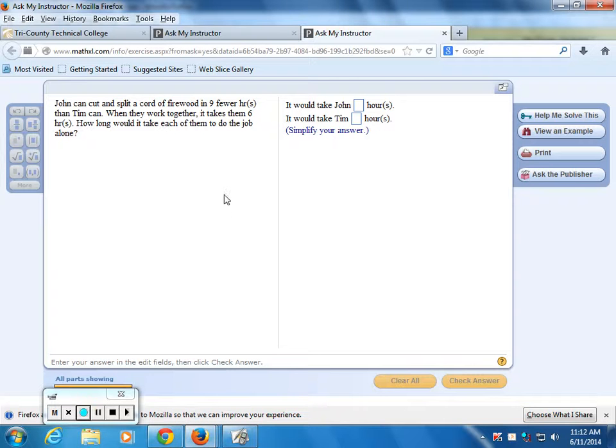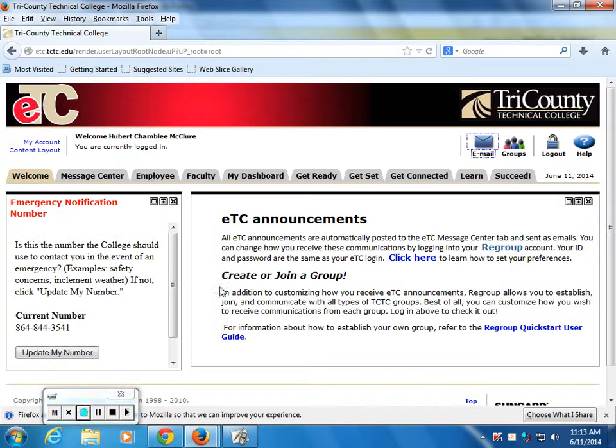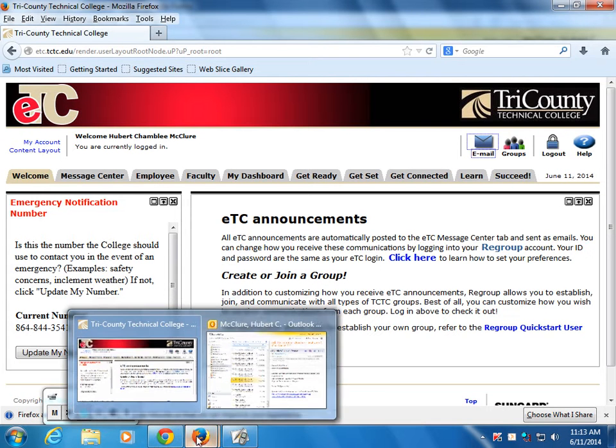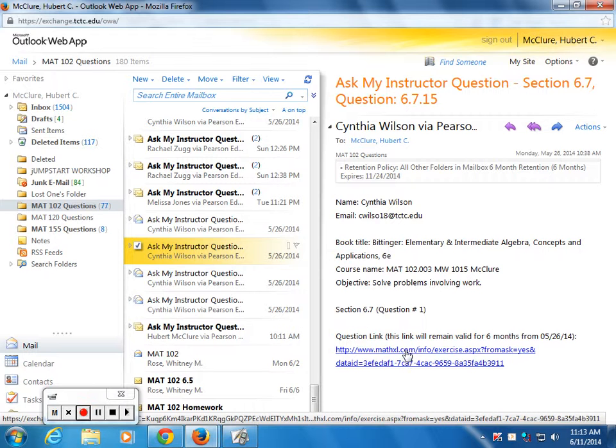John can cut and split a cord of firewood. I think we did this one, but we'll do it again. We did. Oh, we did? Okay. All right, let me find another one. Y'all are all doing these complicated problems. I'm sending you 1.7.2 and stuff. Well, we're working backwards. 6.7, number 1. 15, number 1.